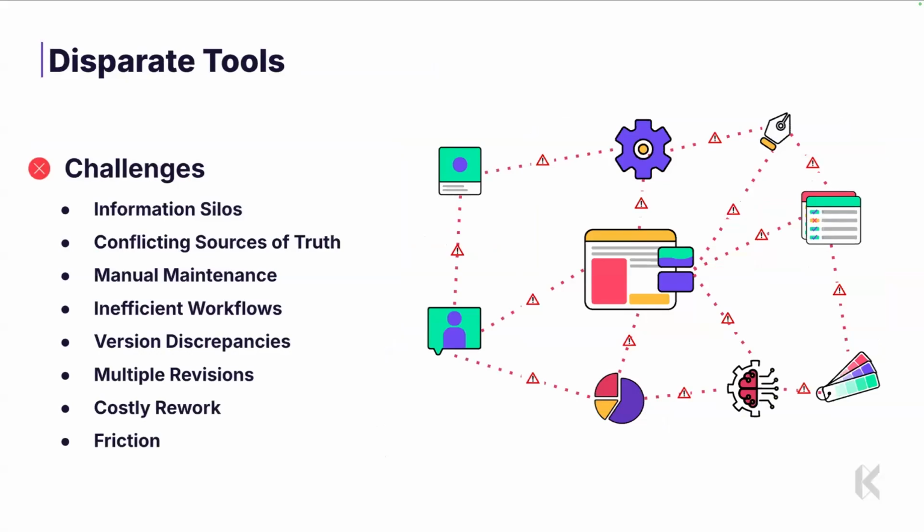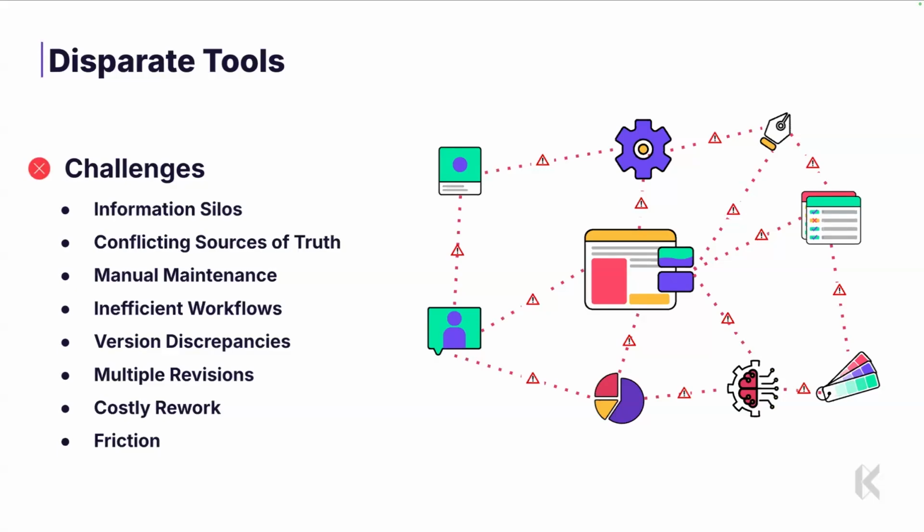And so you might have, for example, a documentation solution that needs to be maintained and have archives. We might need to have our design tokens in another place, and you might need to have other tools that represent other things in other places. And what this does is it creates this information silo. And a lot of times we end up having to have a spreadsheet just to keep track of where everything resides.